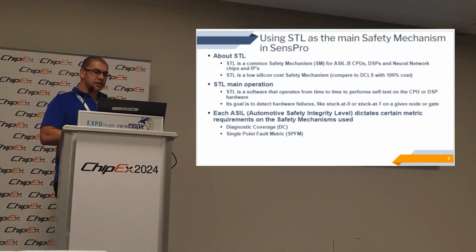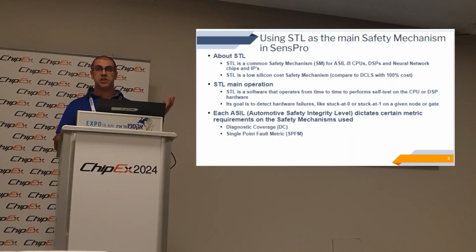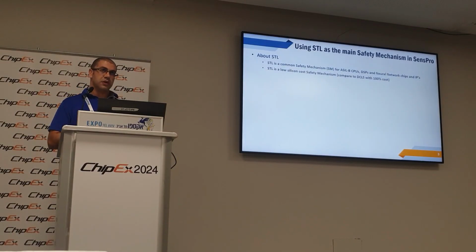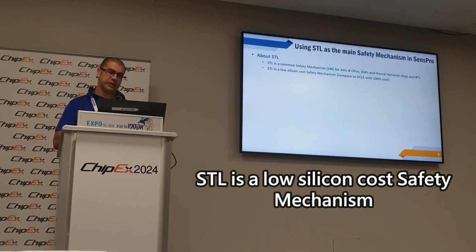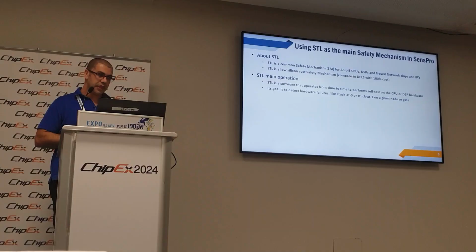So what is an STL? It's a common safety mechanism used mainly for ASIL-B CPUs, DSPs, and lately also in neural network chips. Since it is software-based, it is a safety mechanism with almost no silicon cost, compared of course to dual lockstep.